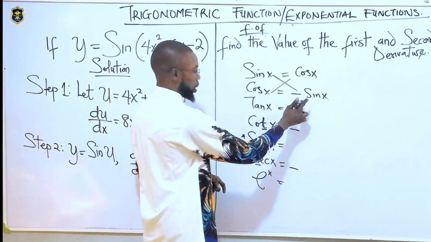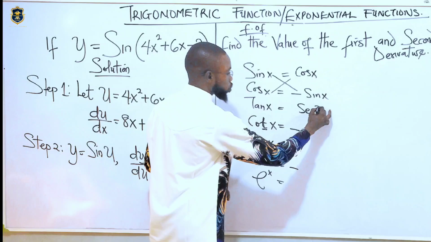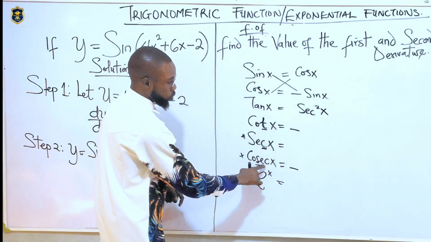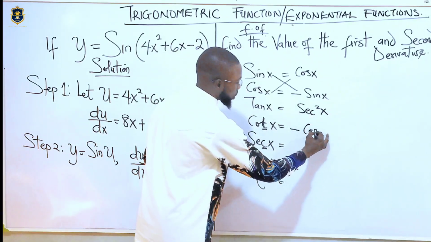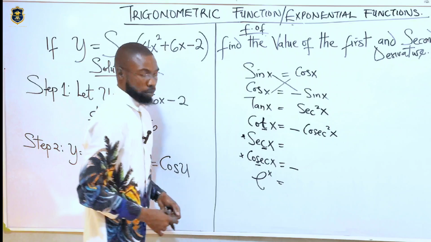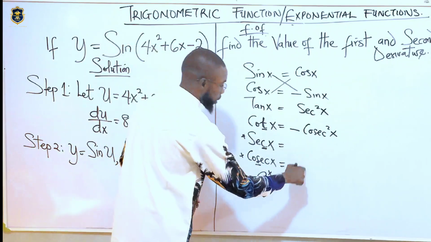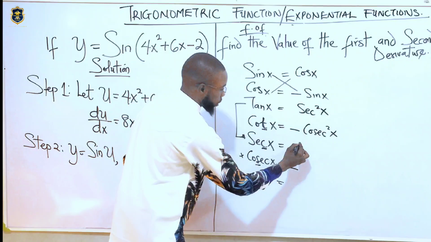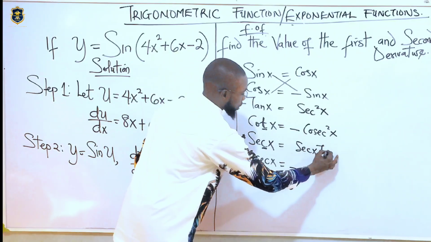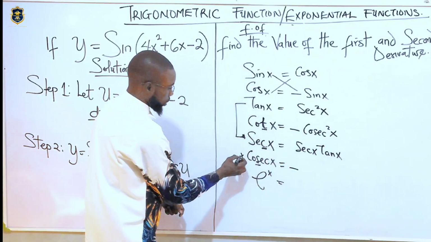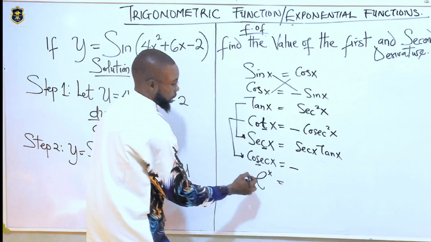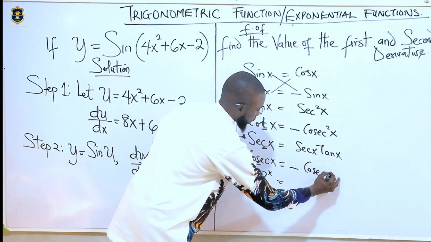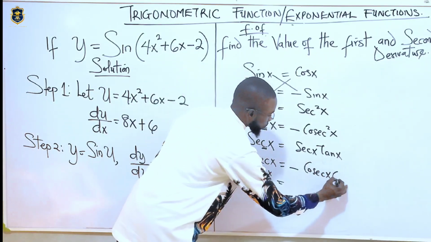So this one will come as sec square x, and this one as cosec square x. For the last two, you take the product. So for this it is sec x tan x, and for this it is cosec x cot x.